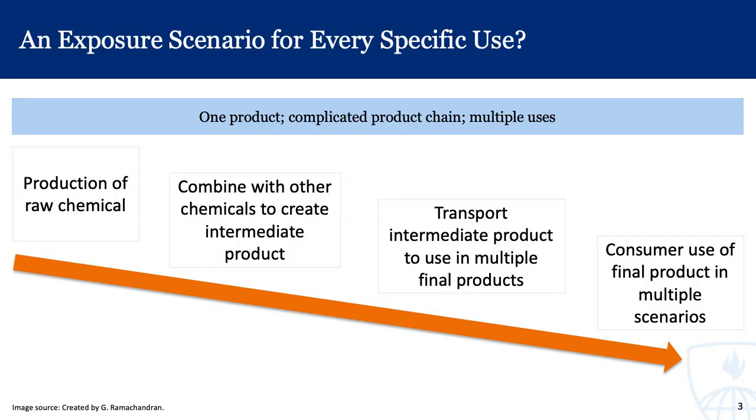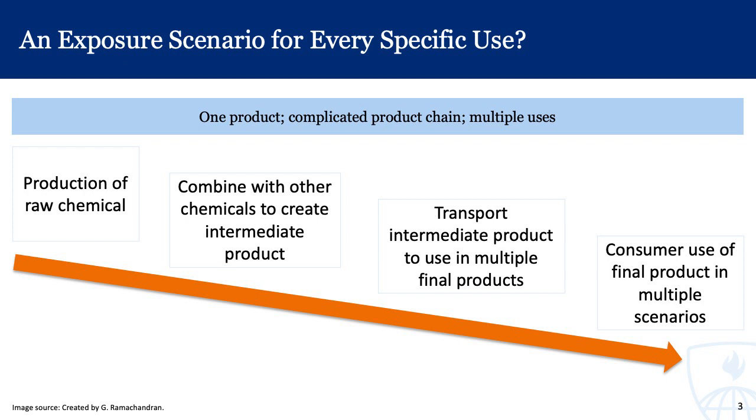This is essentially extending the modeling of exposures beyond the occupational scenario to consumer uses of a particular product. If we are looking at the entire life cycle of a given product, and we need to assess the exposures of human beings throughout its life cycle, then modeling is in fact the only viable approach.